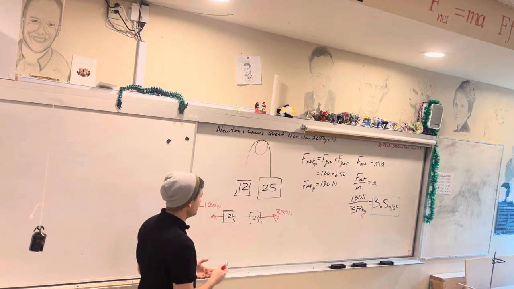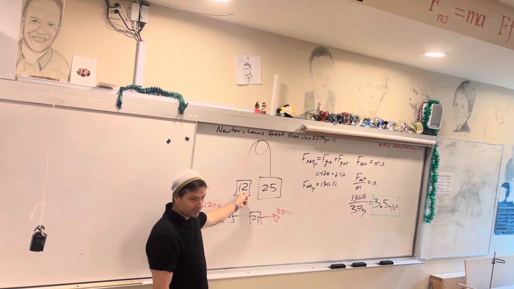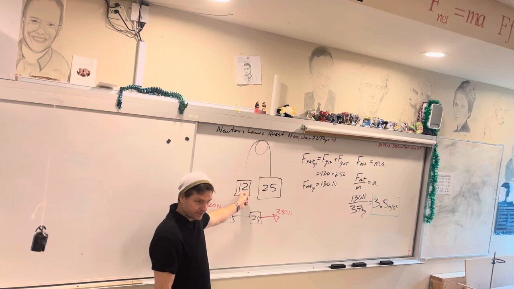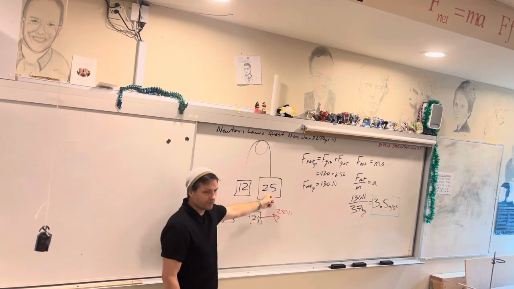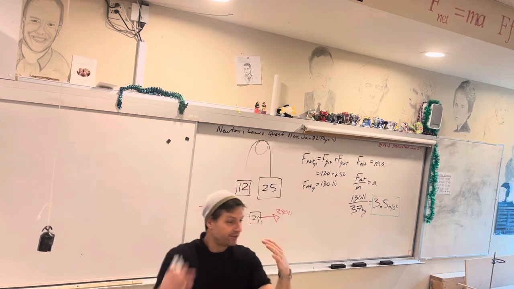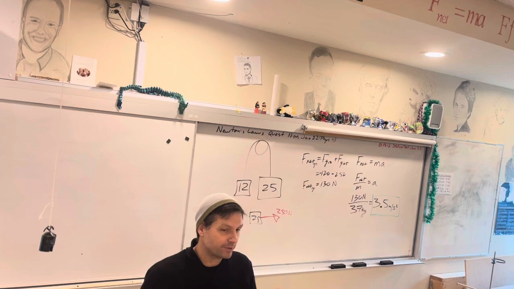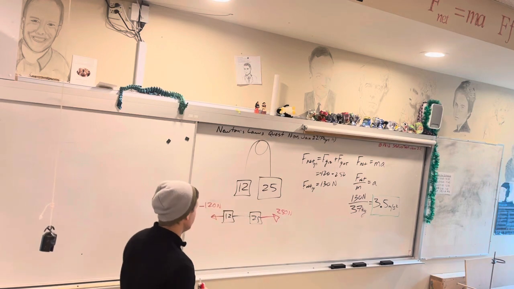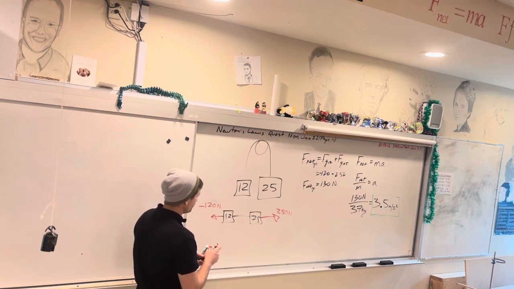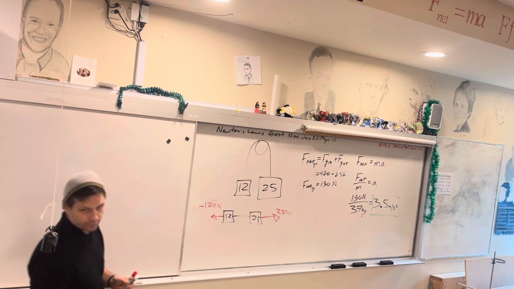Does that mean that it's the acceleration for this block too? Maddie's nodding her head. Yeah, it is. Is it the acceleration for this 25? Yes. Because they're tied together, right? So it has to be all the same. So they have all the same acceleration. Okay, fine. We have acceleration.